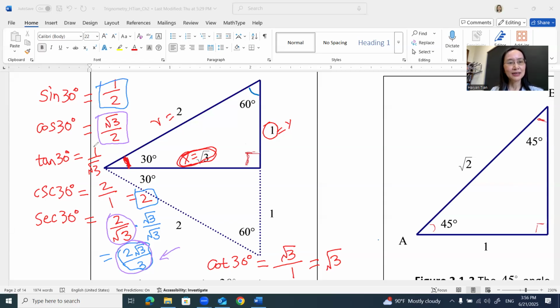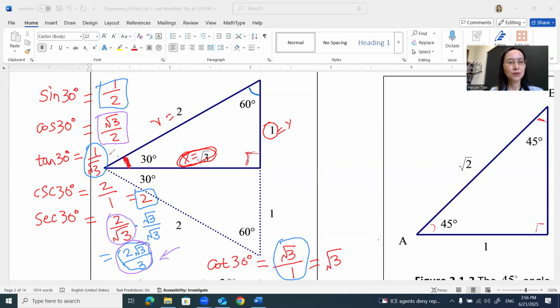And tangent is y over x and cotangent is x over y, so they are reciprocals of each other. But the tangent, we can also rationalize.